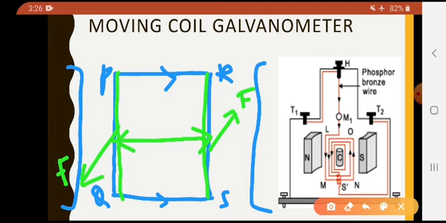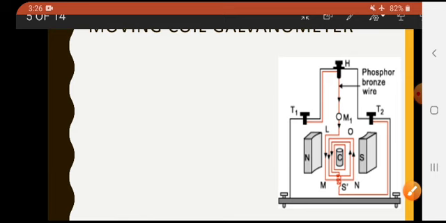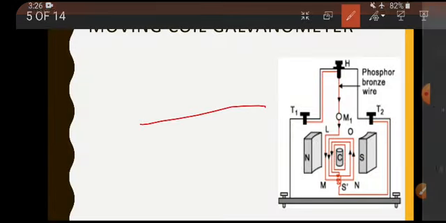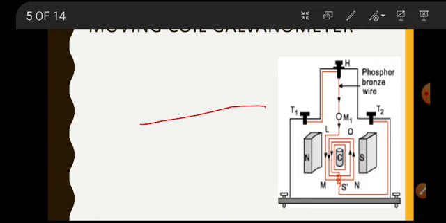Now let us see the strength of the coil.